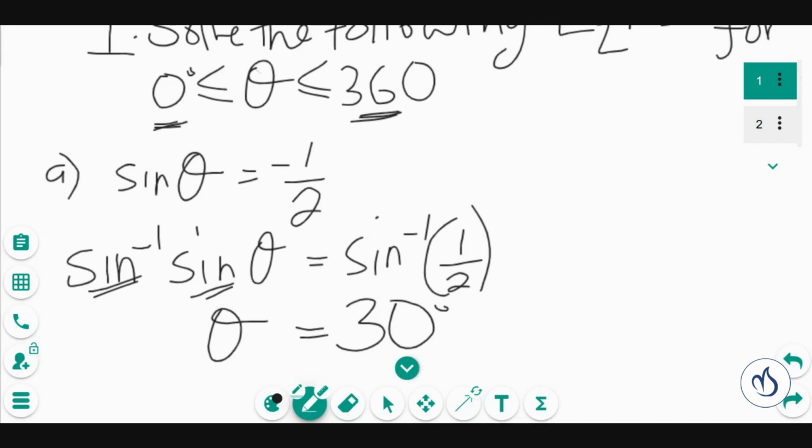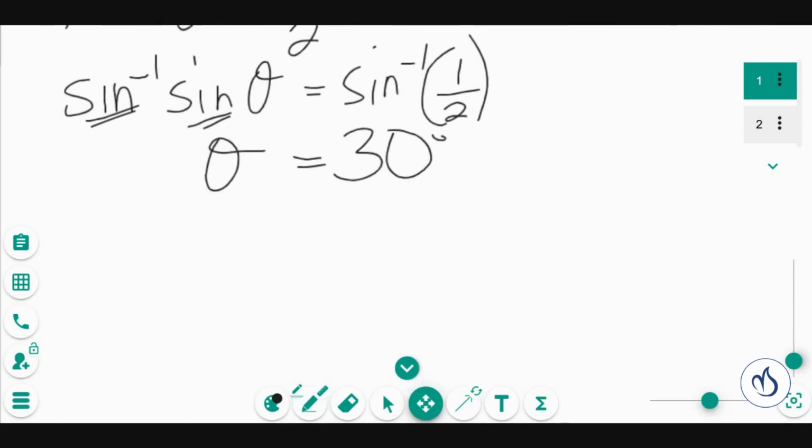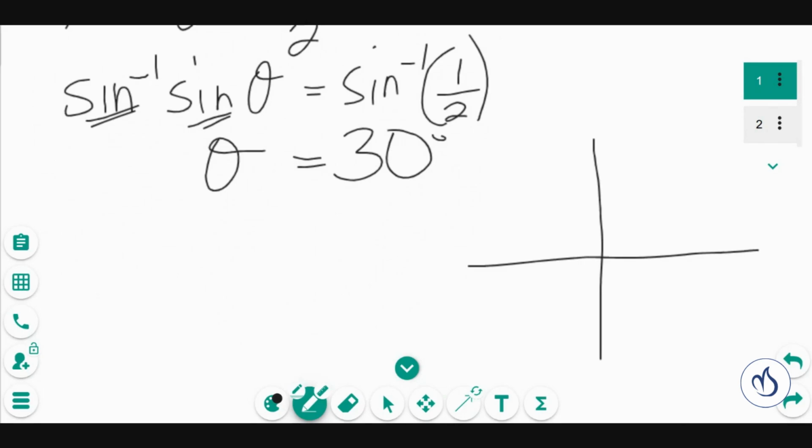Our answers, we've been told that they should range from 0 to 360 degrees. Now, I am going to represent this 30 degrees on these quadrants. All students take coffee.